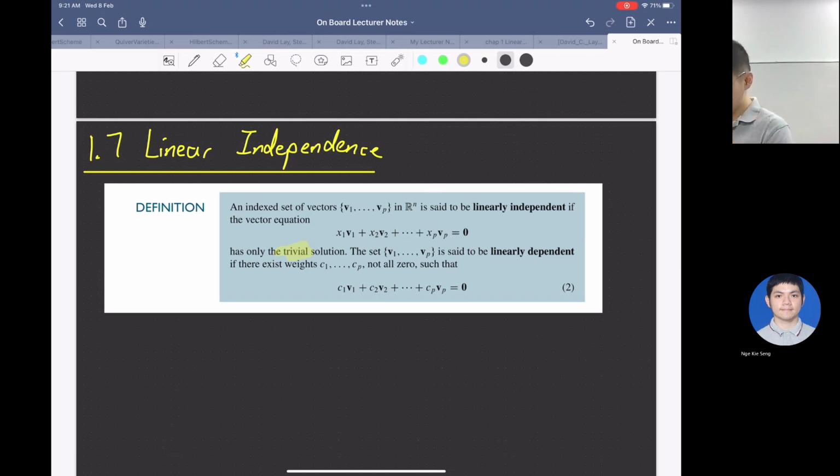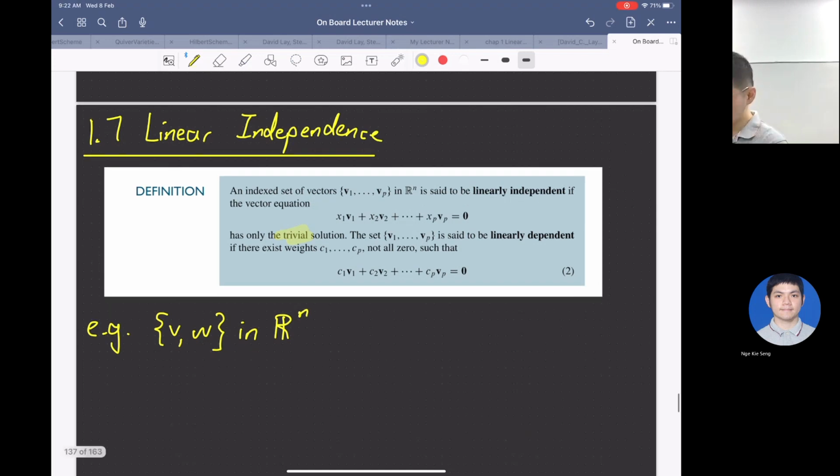Let's look at two variables first. For example, let's say we only have v and w in our case, or anything.